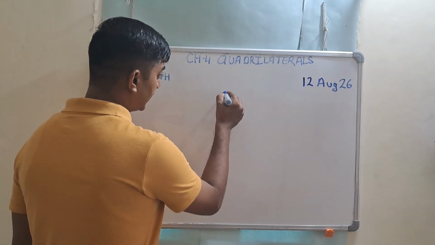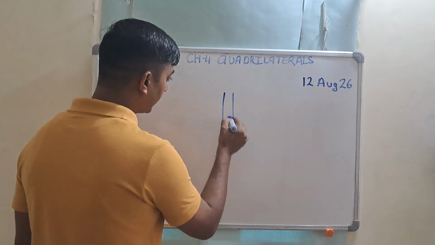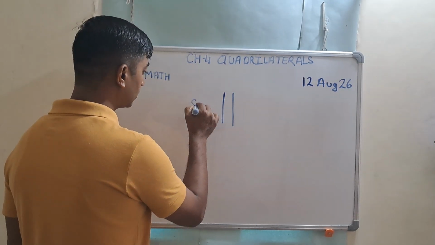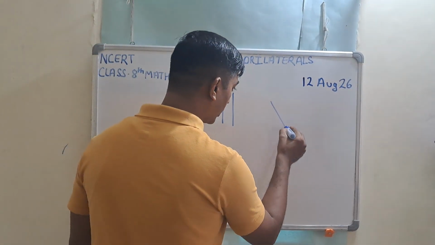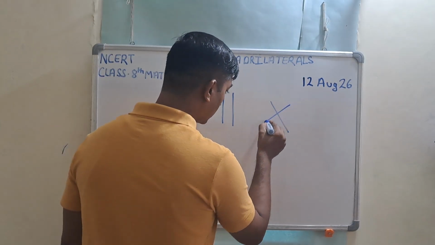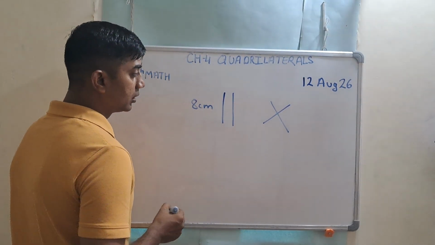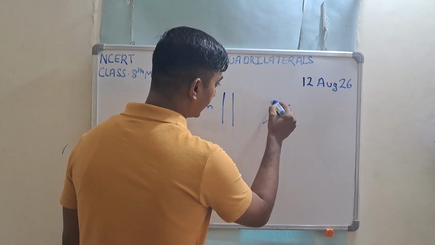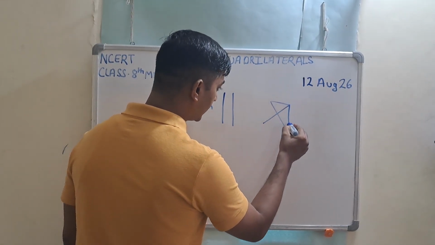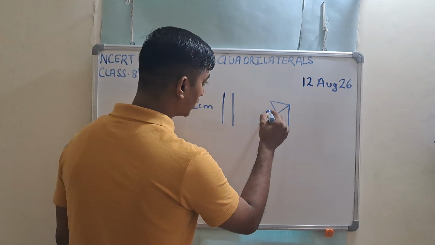See, a carpenter is having two sticks, each of 8 centimeter length, and he wants to put one stick over another and make a perfect rectangle by using the end points of the sticks. Understood?